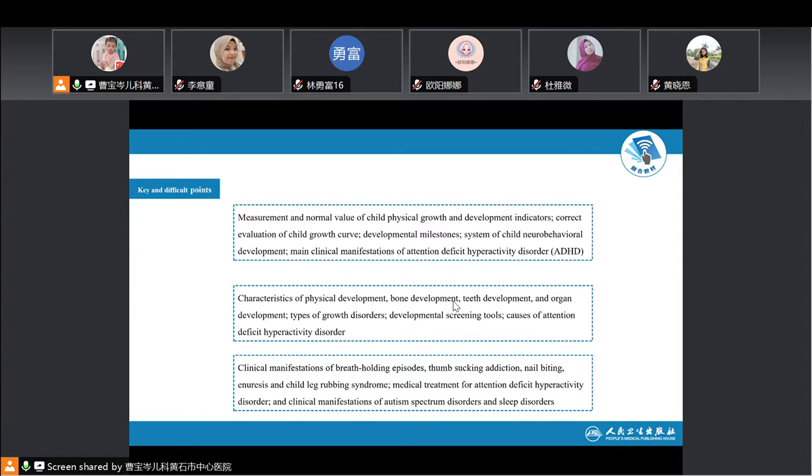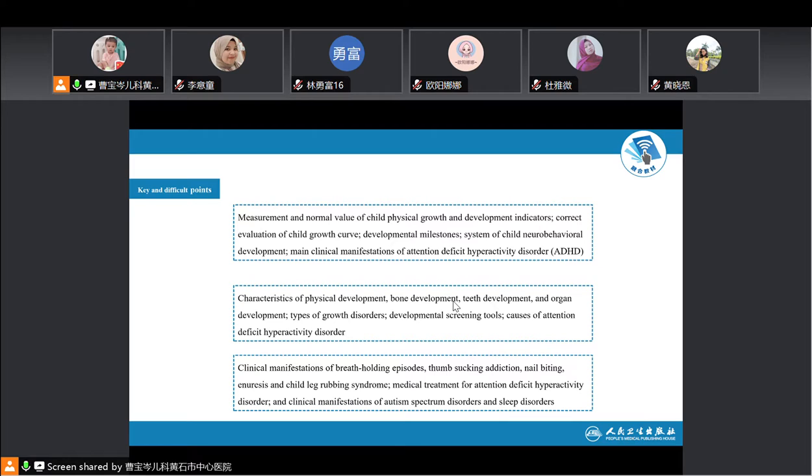The key and difficult points are: the measurement and the normal values of child physical growth and development indicators; correct evaluation of the child growth graph; the development milestone system of child neurobehavioral development; main clinical manifestations of attention deficit hyperactivity disorder (ADHD).